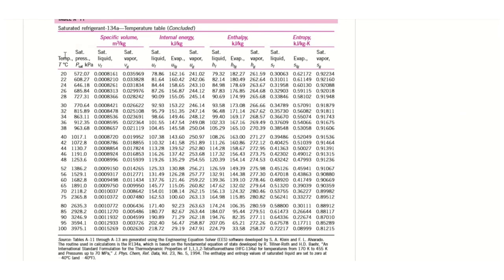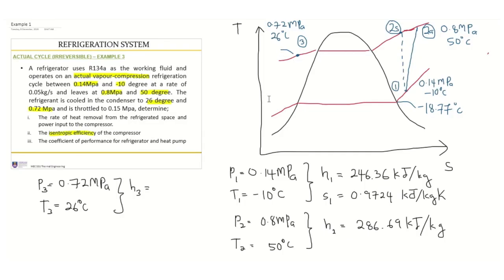So at 26 degrees C, which is this one. Now you have the option HF or HG, which is enthalpy at liquid or enthalpy at vapor state. So obviously this one is liquid, right? I remember I explained that this region is actually liquid.